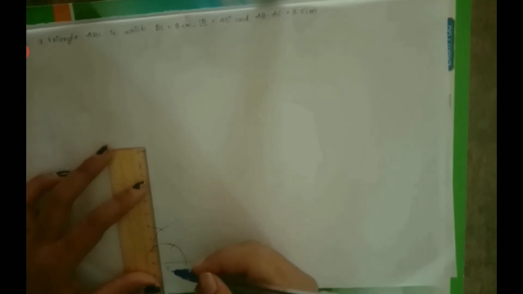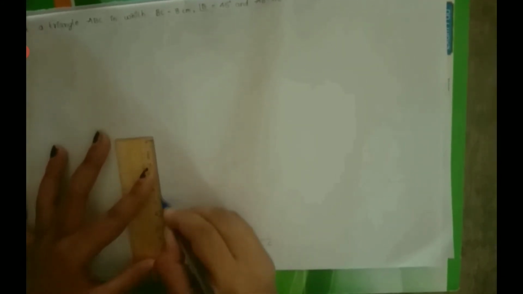In this way you know the method of construction of a 90-degree angle. Now you will get 90 degree and you bisect this 90-degree angle to get the 45-degree angle. You know the method of bisecting the 90-degree angle.